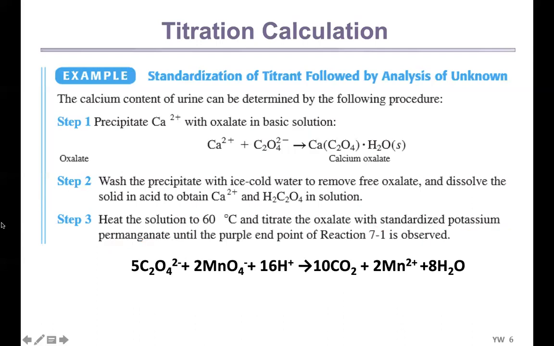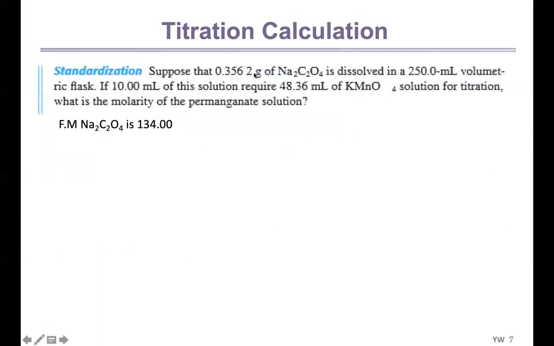And that is what we do here. The first step is called standardization. So we want to use a primary standard to determine the concentration of potassium permanganate. And here we're using sodium oxalate. Okay, if you recall the table I just showed you, sodium oxalate is on the table of the primary standard, okay? All right, so we have this.